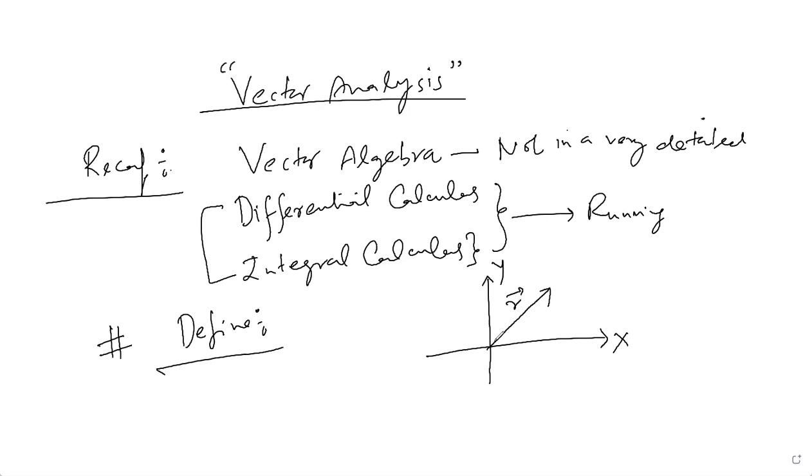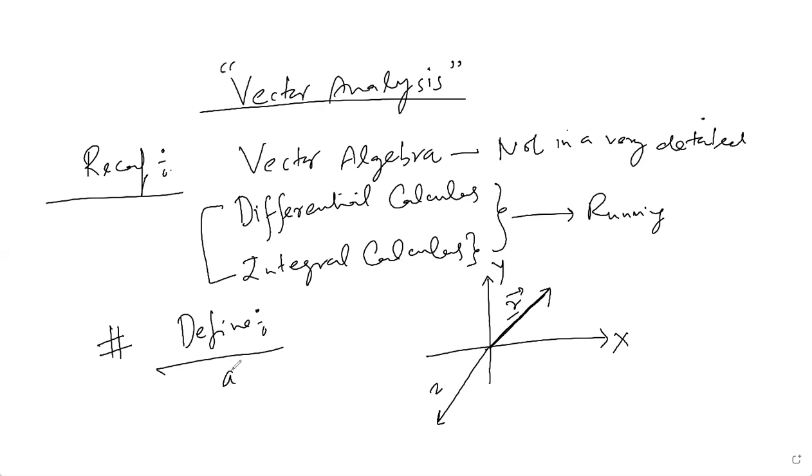Because any quantity which is represented by an arrow here happens to be a step in three-dimensional space. Let's say the third axis is somewhere here. So you have seen that the way this step is defined, we have seen a few operations.